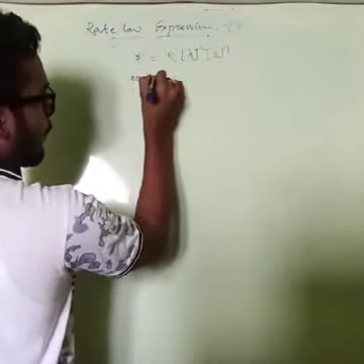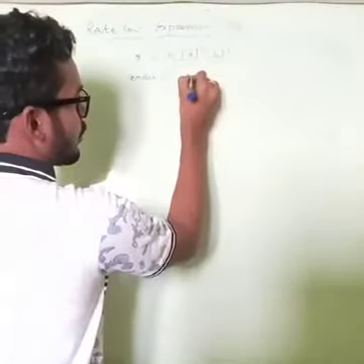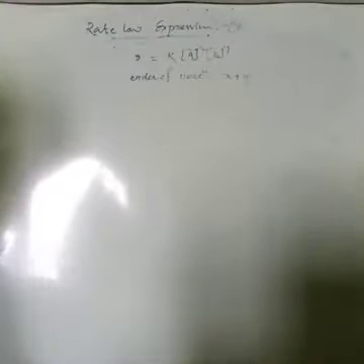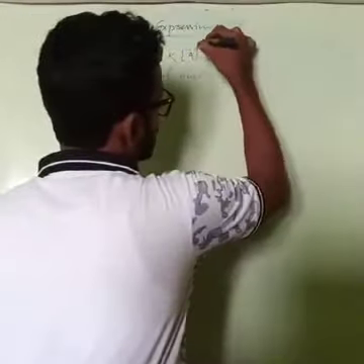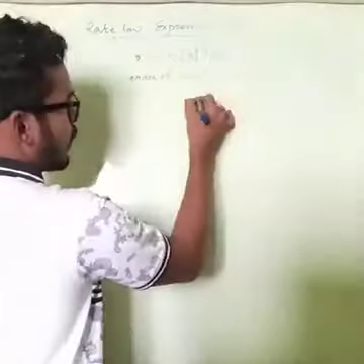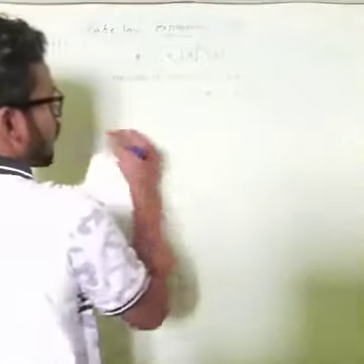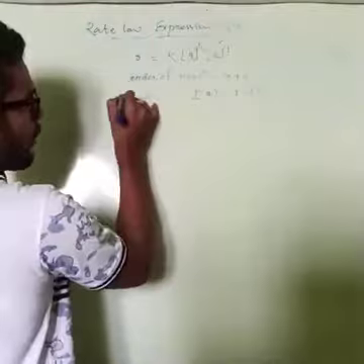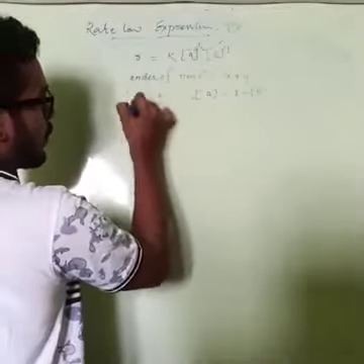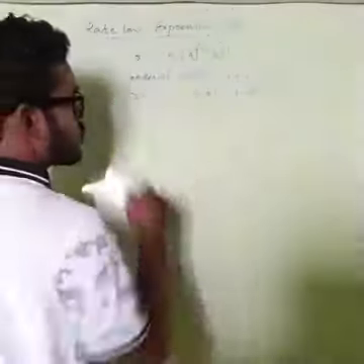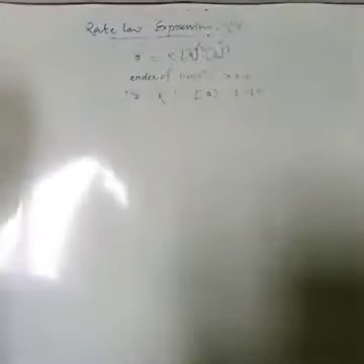Order of reaction equals x plus y. When the concentration of A equals 1 and the concentration of B equals 1, what will we see? R equals k. That is, rate of reaction equals k, the rate constant.